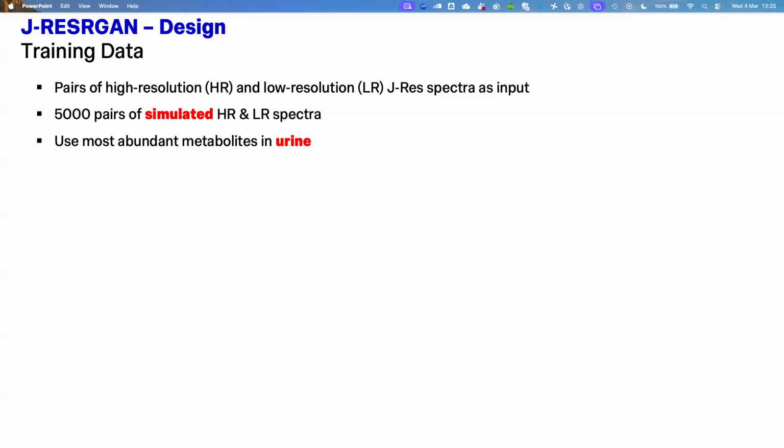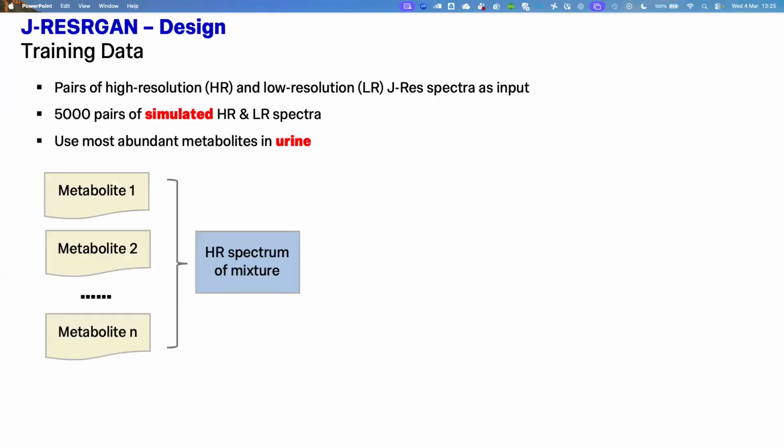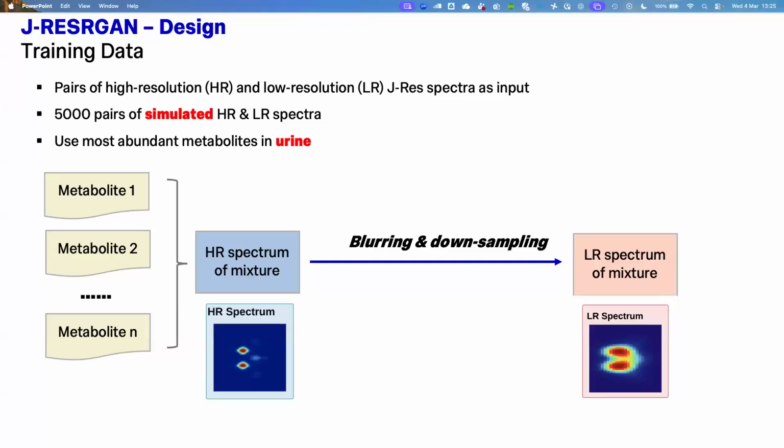So similar to the kinds of spectra that we would get from human biofluids, for example. And we actually tried to simulate a specific biofluid, human urine, to do that. So the way we did that was we took individual spectra of known compounds and just added them together electronically, if you like, to produce a mixture spectrum. And that produced us a lot of training data at high resolution, so the highest resolution we could have. And then we artificially blurred this data using a convolution function to get a lower resolution representation of the same thing.